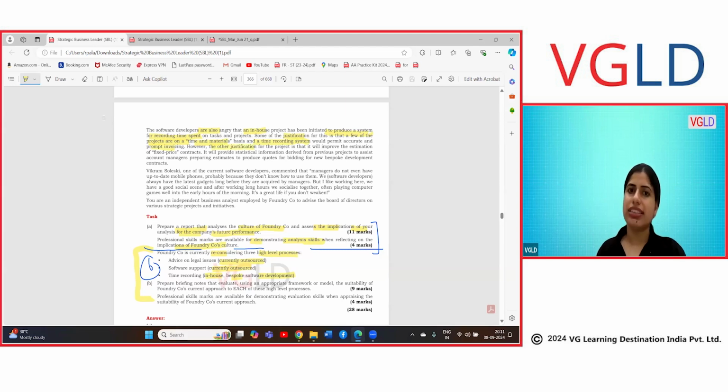However, the other justification for the project is that it will improve the estimation of fixed price contracts. It will provide statistical information derived from previous projects to assist account managers preparing estimates to produce costs for bidding for new bespoke development contracts.